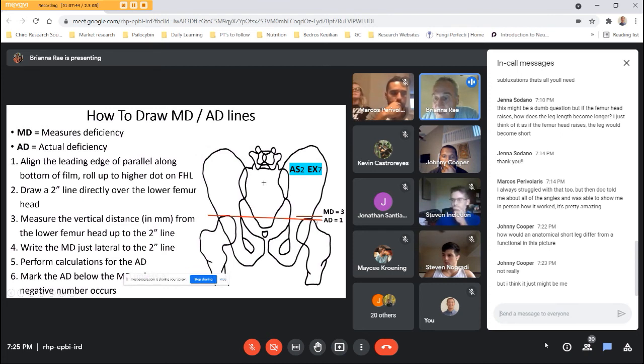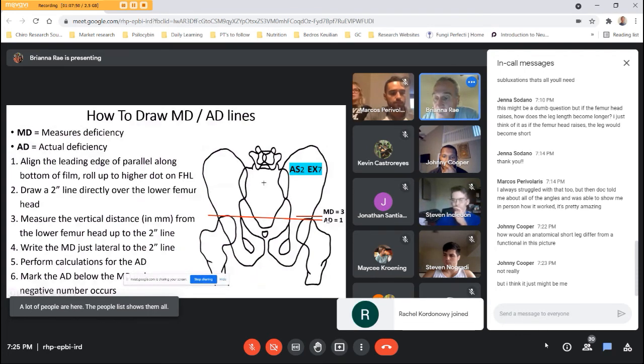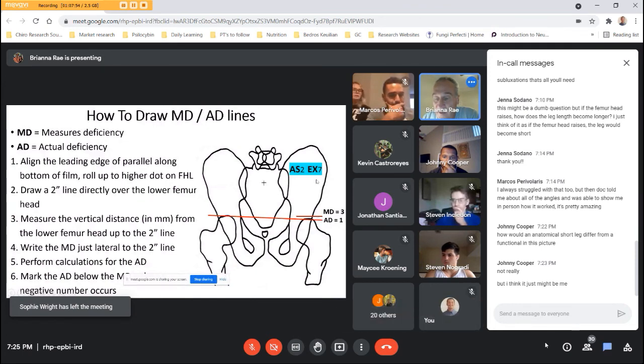All right, so if we had an MD of 3 and we raised the femur head 2 millimeters, we end up with 1 millimeter left. So we can say with significant certainty that this patient, after this ilium would be corrected, should have an anatomical short right leg of 1 millimeter compared to the other side.